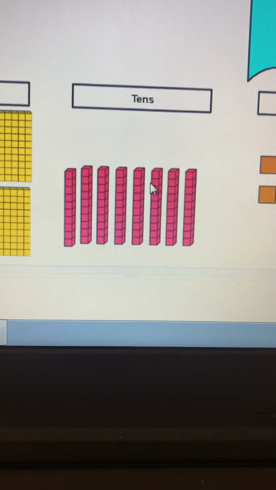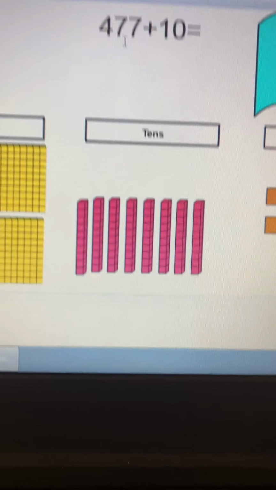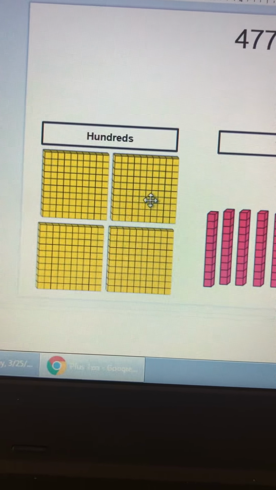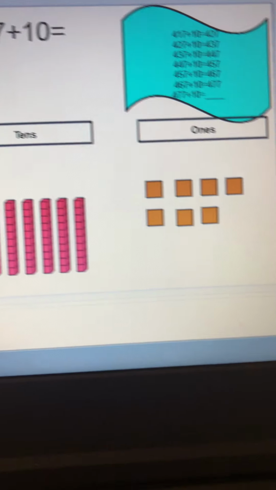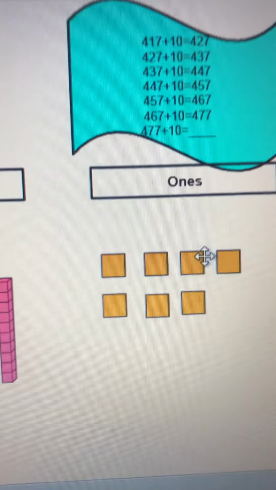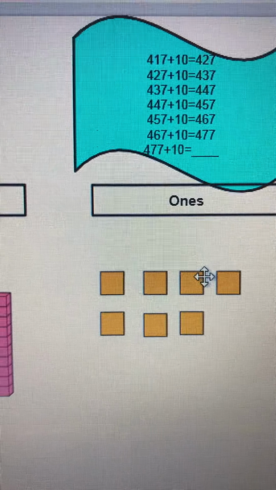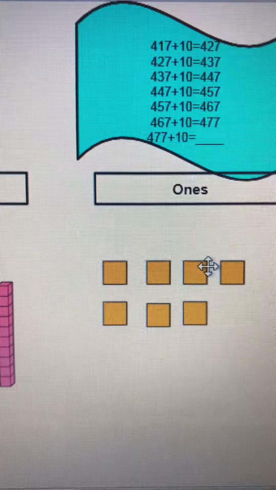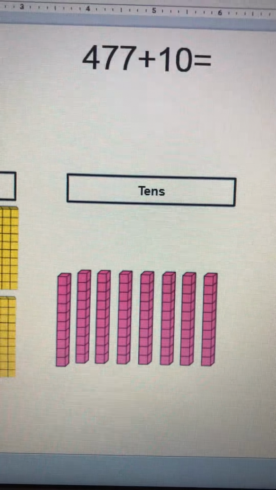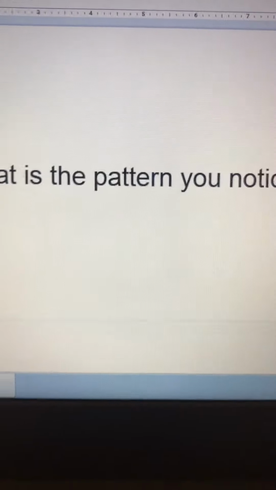Right, so my 10s is changing from 7 to an 8. My hundreds is staying as 4. What about my ones? Yeah, my ones are staying as a 7. So 477 plus 10 equals, everyone? Good, 487. Very good.